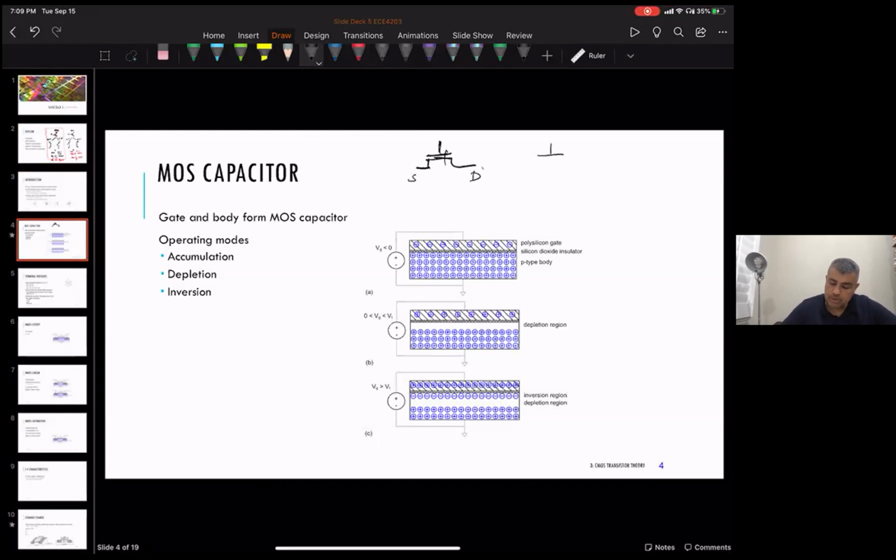Let's just hook up the drain and source together and hook them up to ground. Or let's look at a real simplified model like this, where you have the gate poly, this is the oxide, and then you have the silicon substrate.